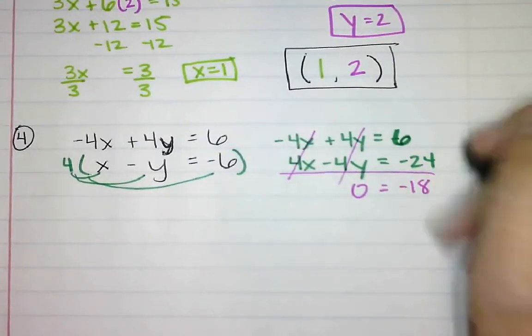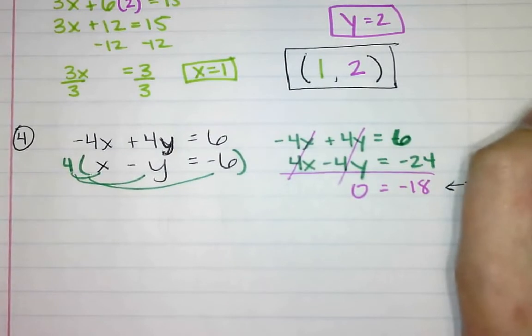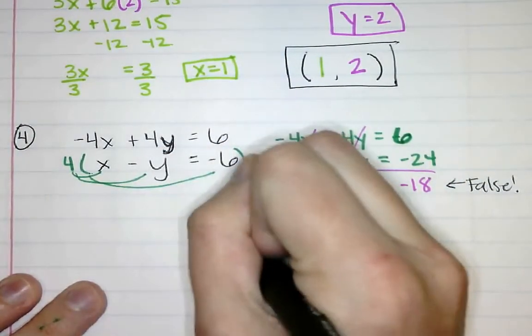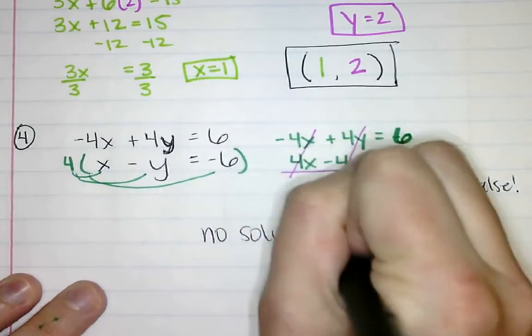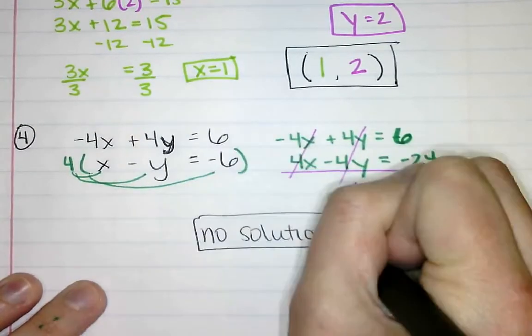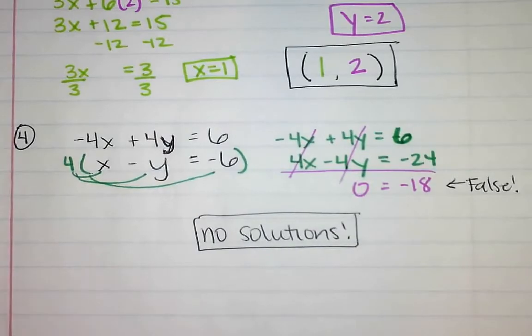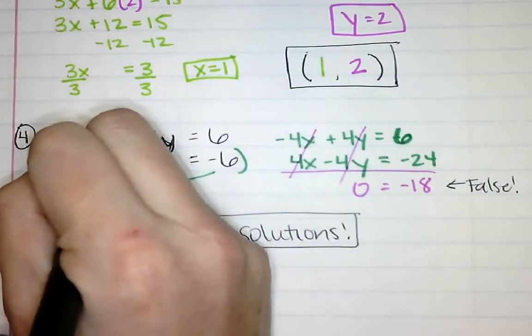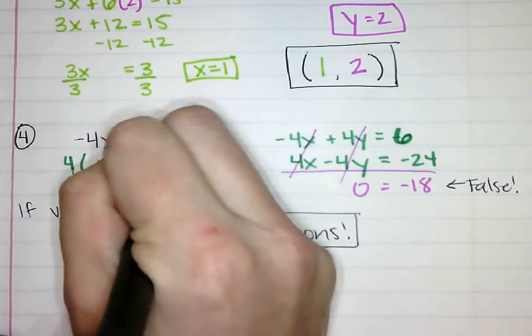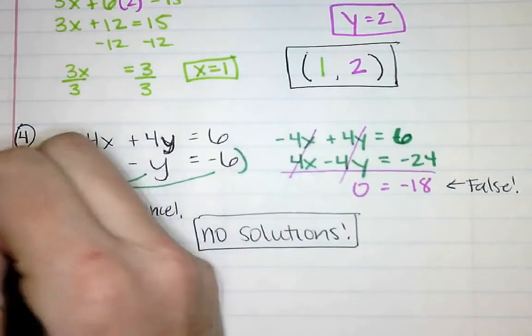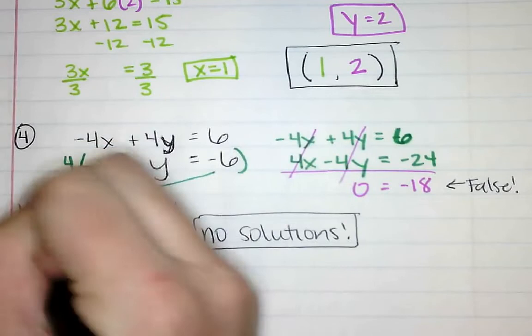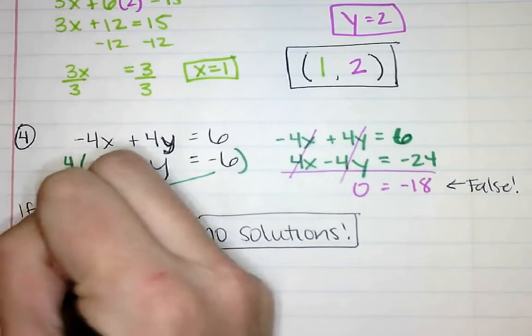I have no solutions. So y'all, if your variables cancel and you have a false statement, then you have no solutions.